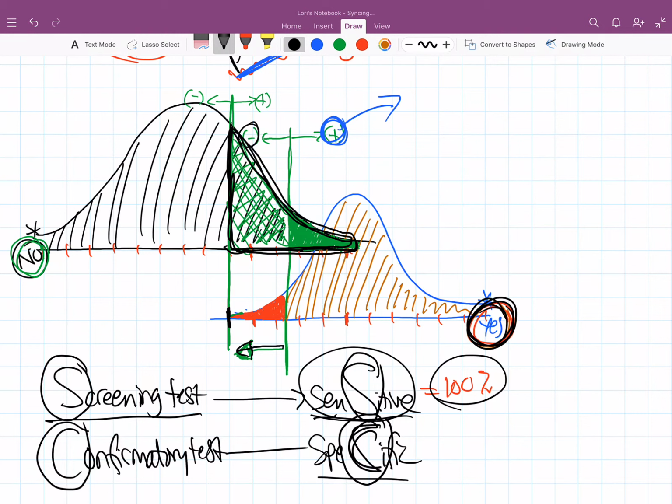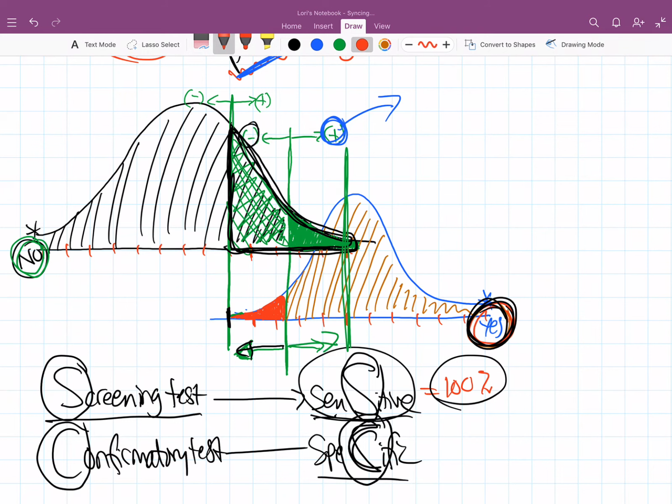The opposite can also be true. So let's say we say, oh, well, it's just a terrible thing to have these positive test results that were wrong, the false positives. And so what if we actually move this line over here to the right? We're going to try to avoid having any of those, and so we move it all the way over to here. Guess what happens when we move the line all the way over to there?